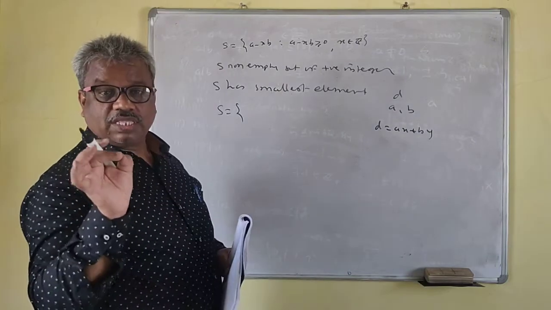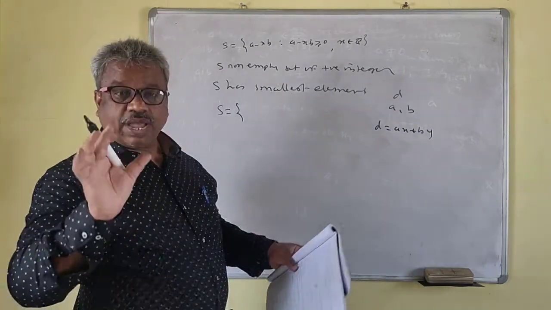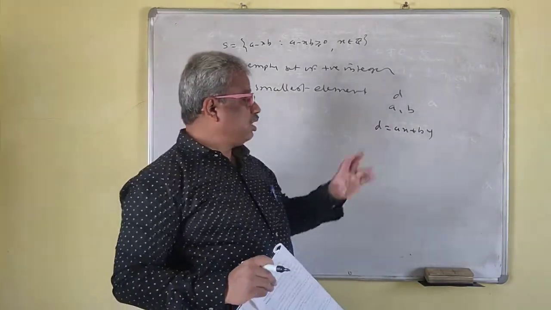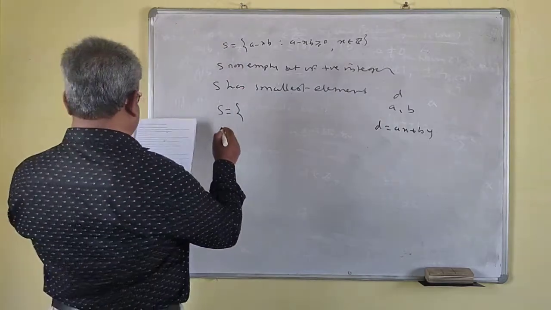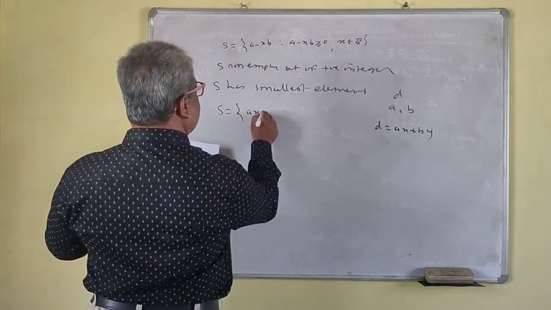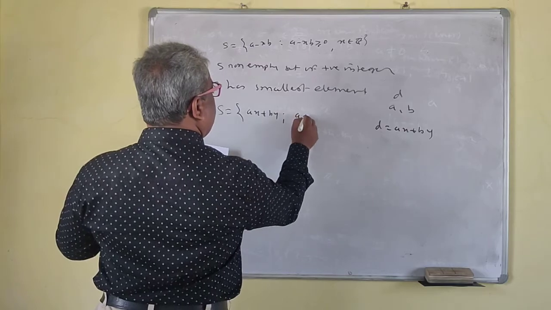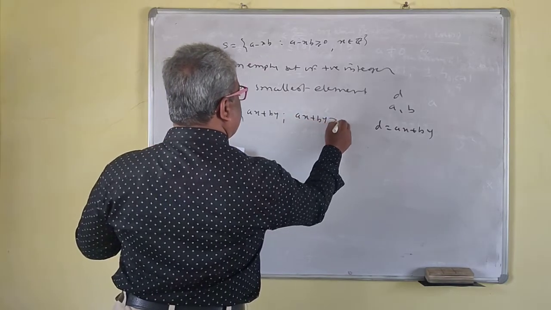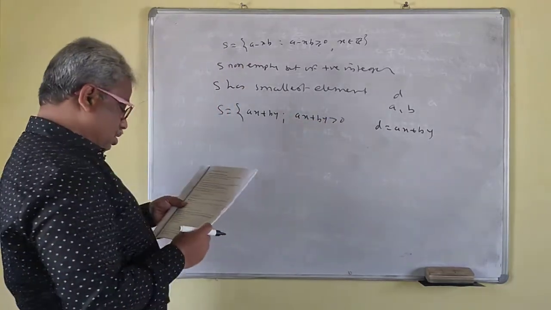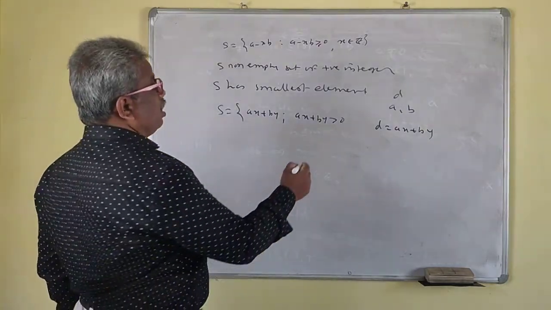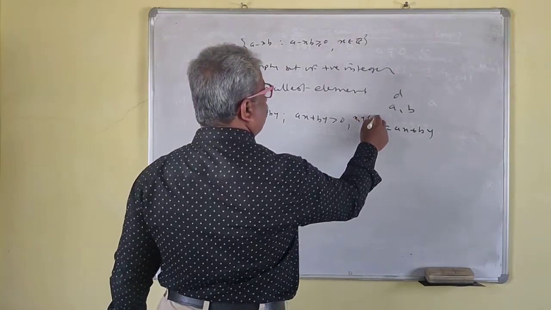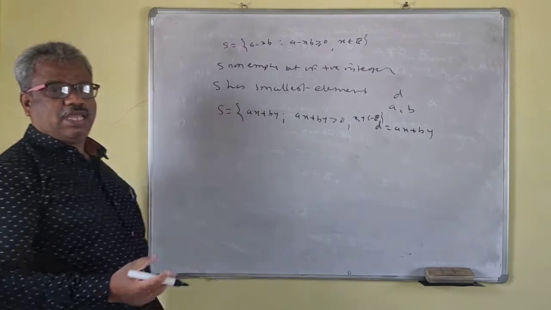X and Y are unique integers. In the proof, you take AX plus BY strictly greater than 0, where X and Y belong to Z and A and B are already integers.